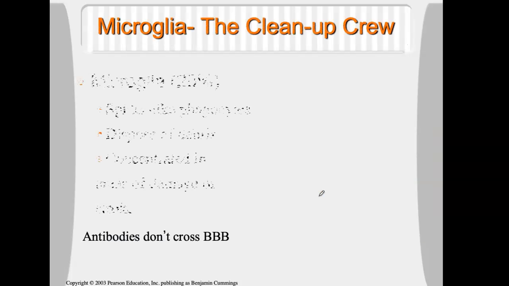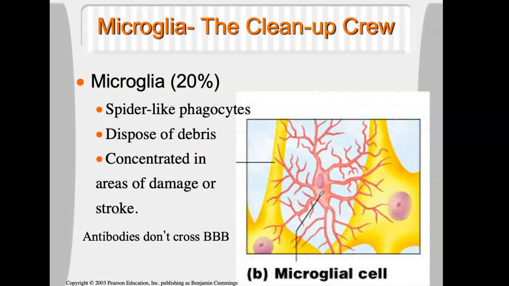I'm going to keep going so that I can finish the glial cells. The microglia are the cleanup crew. So they too look a bit like a star. They've got these long extensions, microglial cells. They look like little spiders, and they are the janitors. They will dispose of debris. They're concentrated in areas of damage.